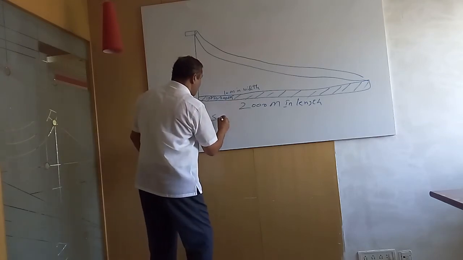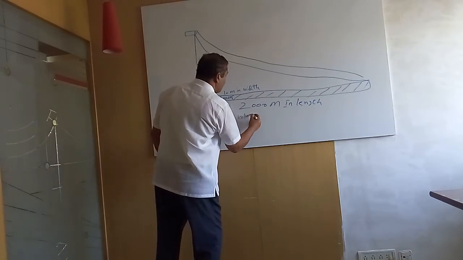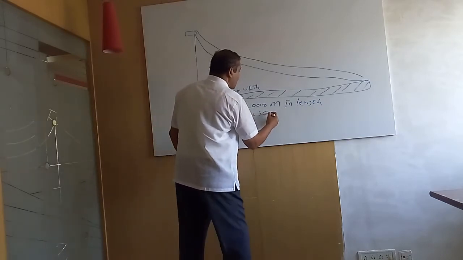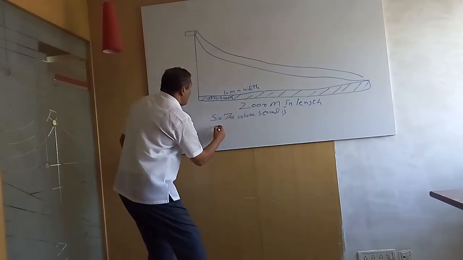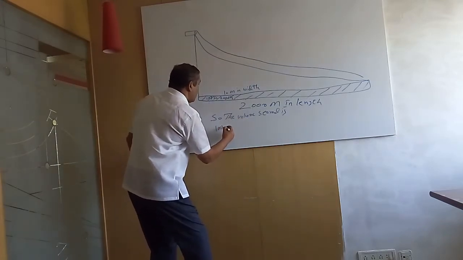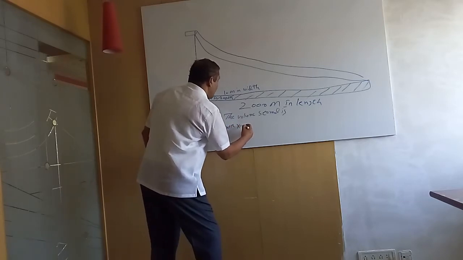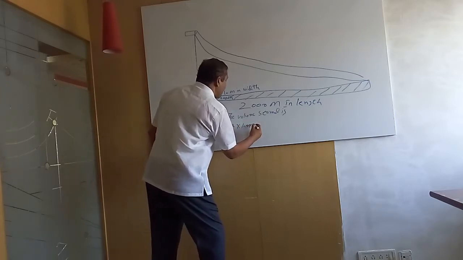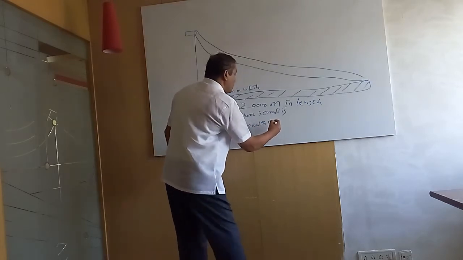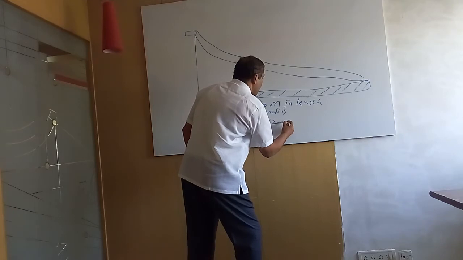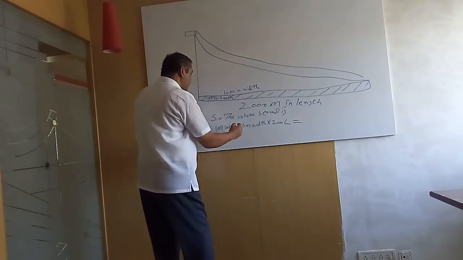So the volume stored is 1 meter, that is depth, into 10 meters width into 2000 meters length, which is equal to 2000 into 10 into 1.